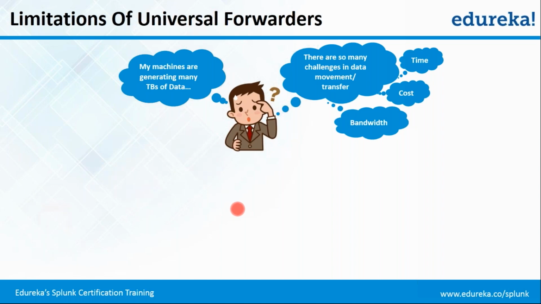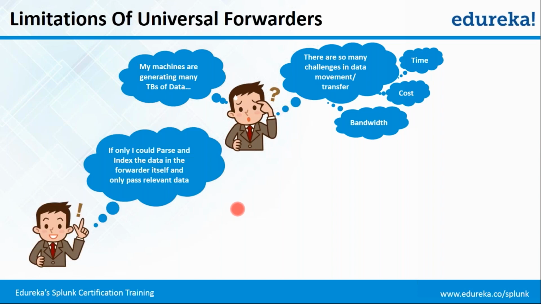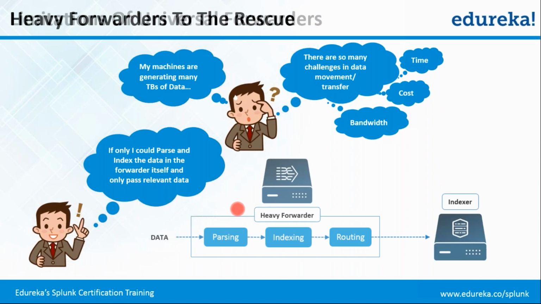Now, speaking of data forwarding, wouldn't it be better to do data processing at the source itself? Why go through the trouble of transferring all the data to the indexer? Discarding the irrelevant data and forwarding only the relevant data which is going to be useful makes more sense, right? Yes, and for exactly that purpose, there's a tailor-made forwarder component called the heavy forwarder.